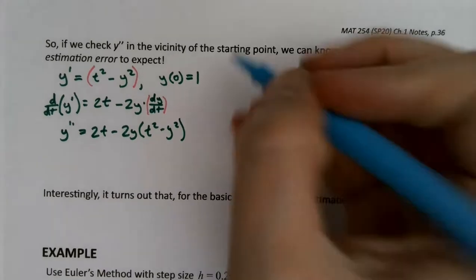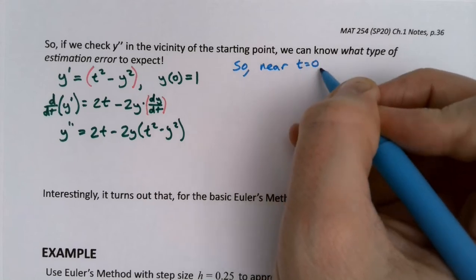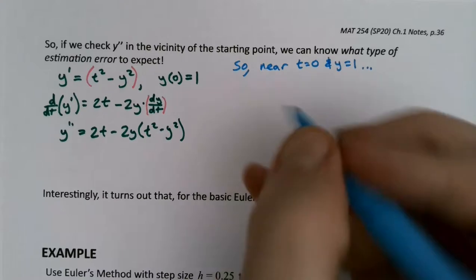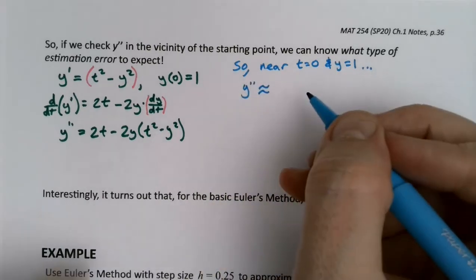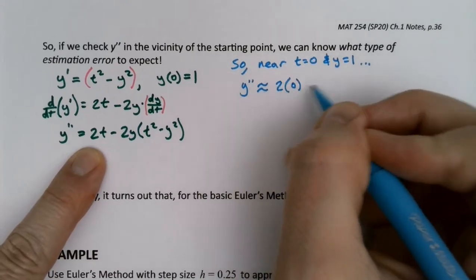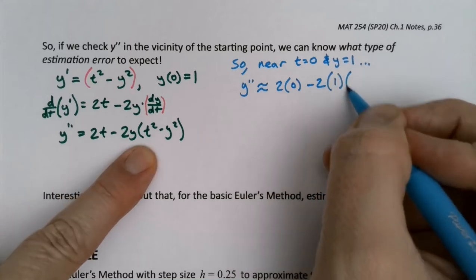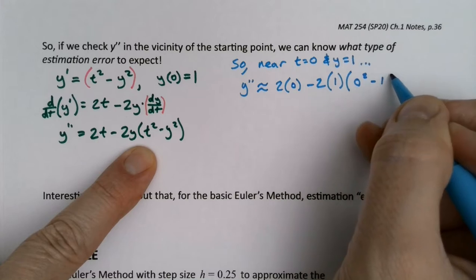So off to the side, near t equals 0 and y equals 1, we can plug in those values and say y double prime is approximately equal to, taking this from down here, 2 times 0 minus 2 times 1 times the quantity 0 squared minus 1 squared.